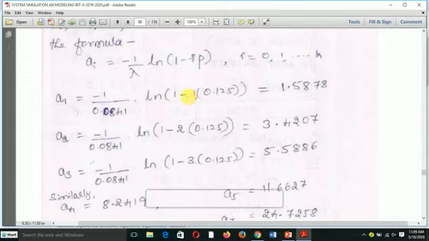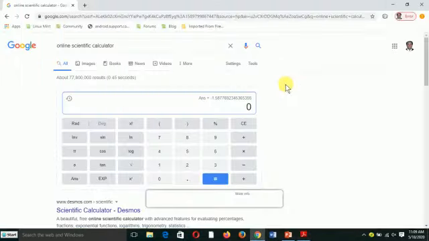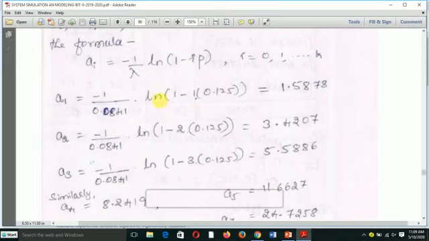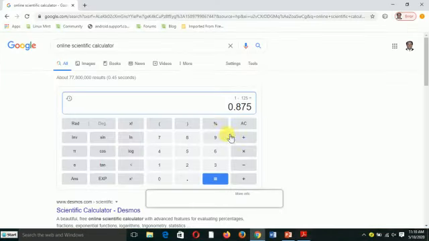We have 1 minus 0.125, and I will get 0.875. So I am going to calculate ln of 0.875.